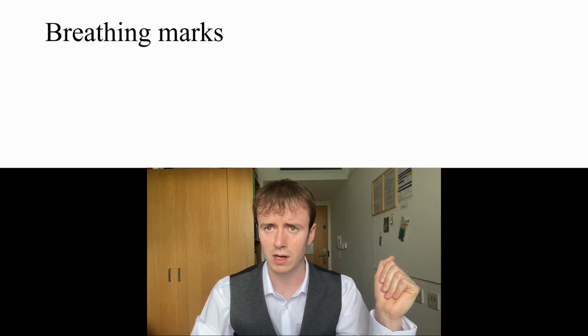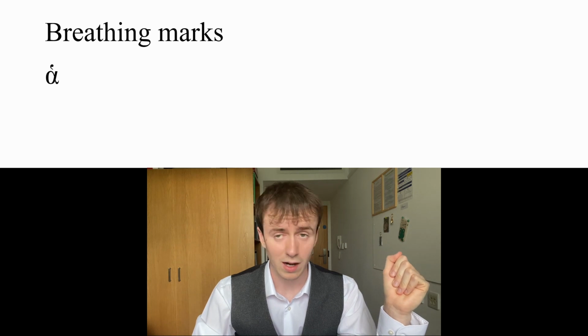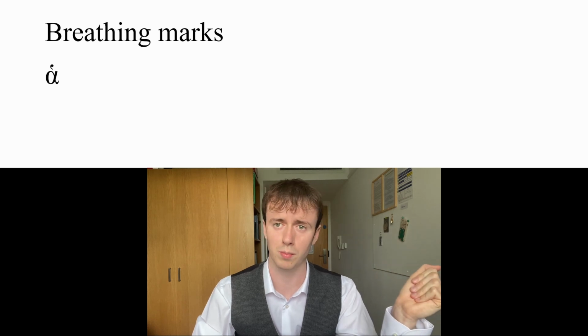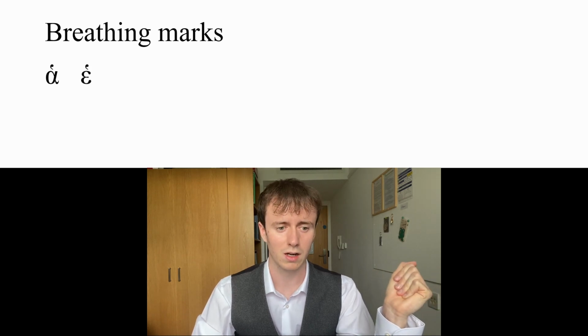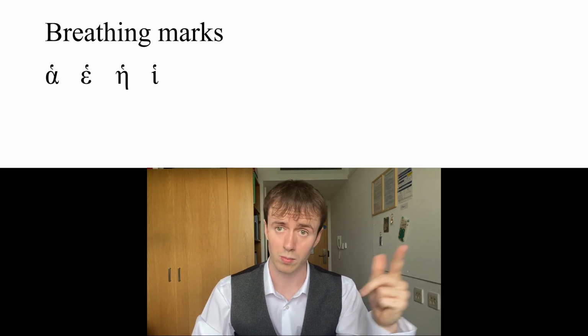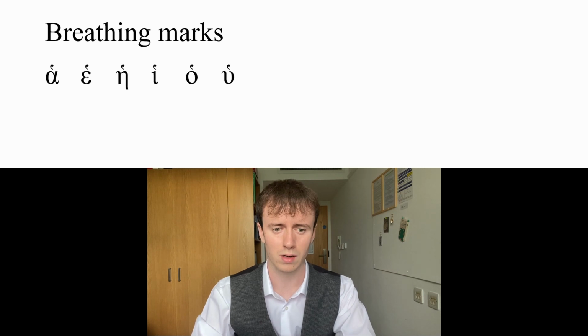Let's look at some examples just with individual vowels, okay? So this is alpha with a rough breathing above it. This would be pronounced "ha" if it's short, or if it were long, it would be "ha". Then he, hi, ho, hu, and so on.